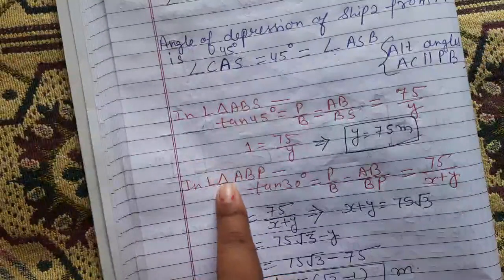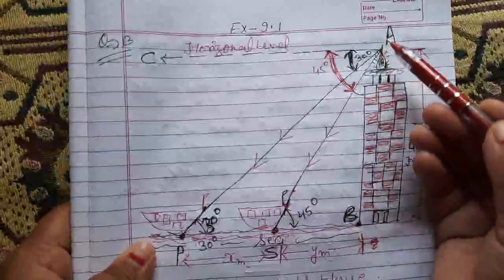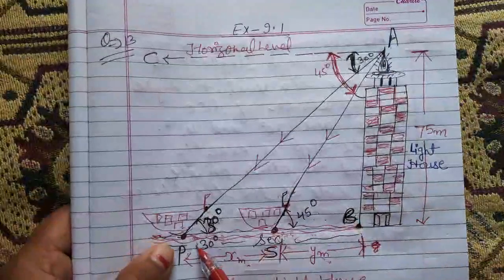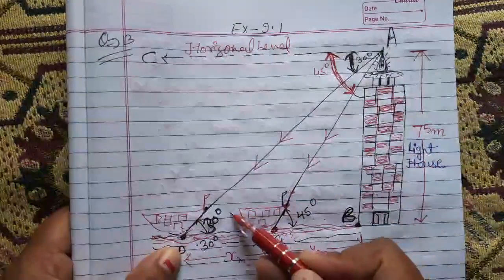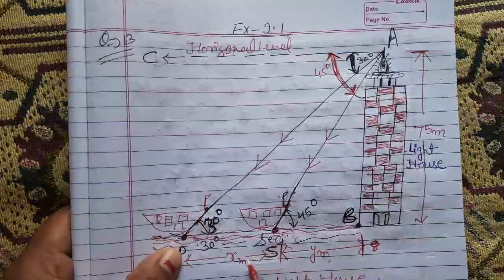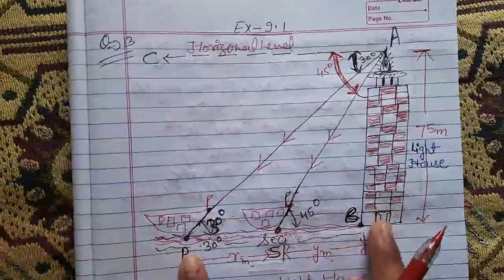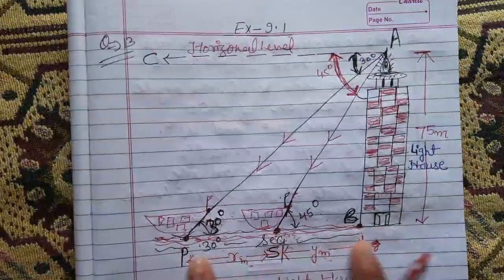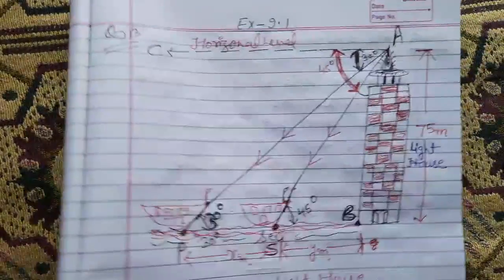Now in the triangle ABP, we are applying tan 30 degrees, perpendicular 75 upon base. In this case, base will be x plus y. This complete PB will be our base. So x plus y. Okay.